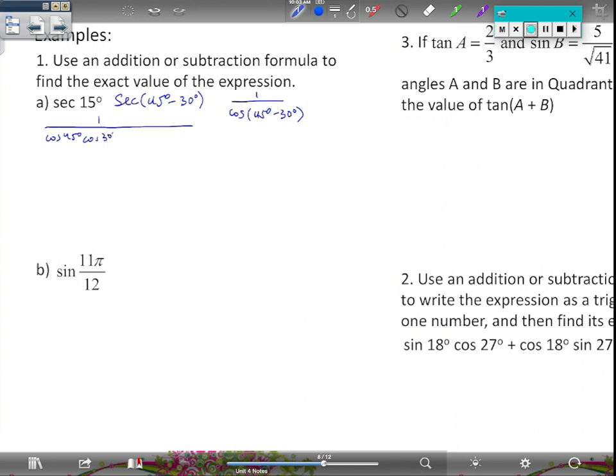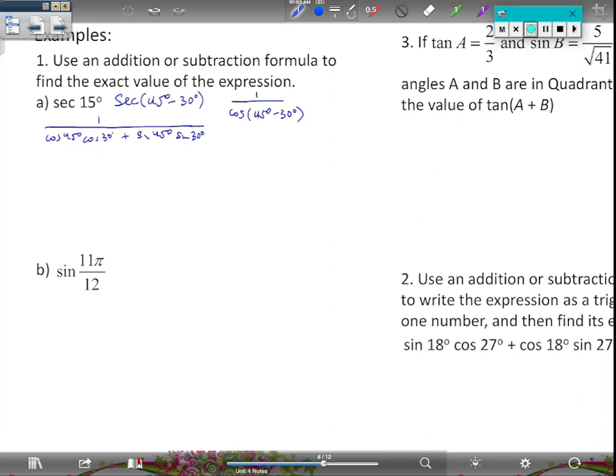He's going to do the opposite because, you know, he's not that nice. So then now in the back, there goes sine. Sine is last. So sine 45 degrees, sine 30 degrees. So that's our formula. Okay? So that's cosine 45 degrees, cosine 30 degrees, plus sine 45 degrees, sine 30 degrees.